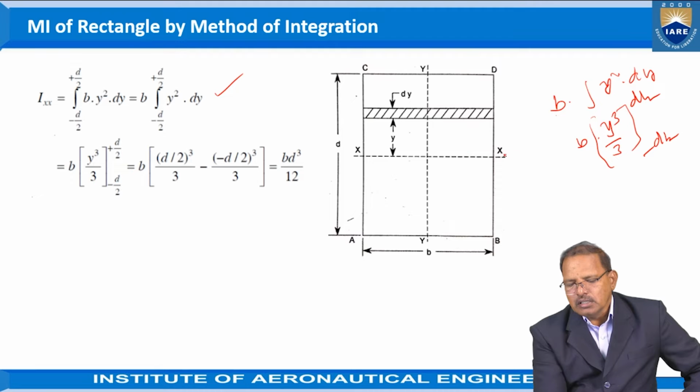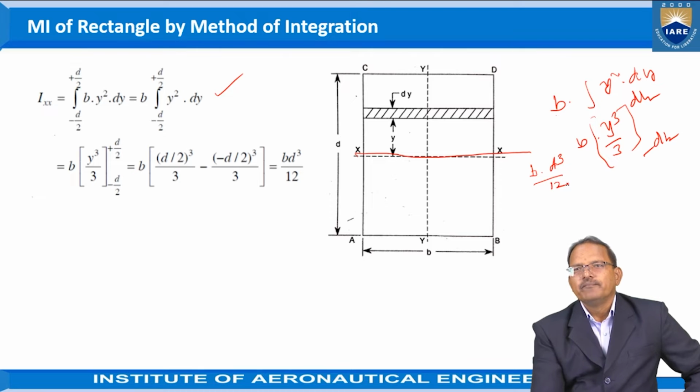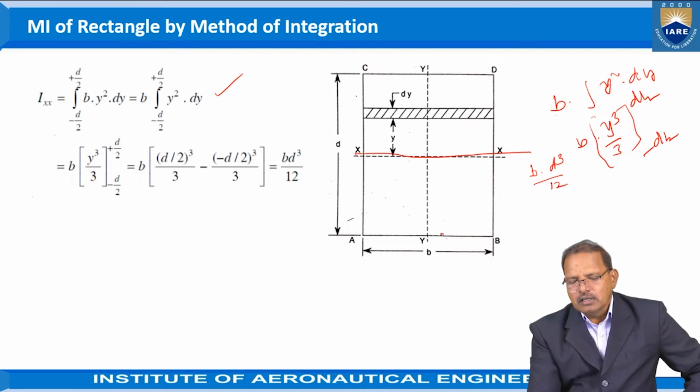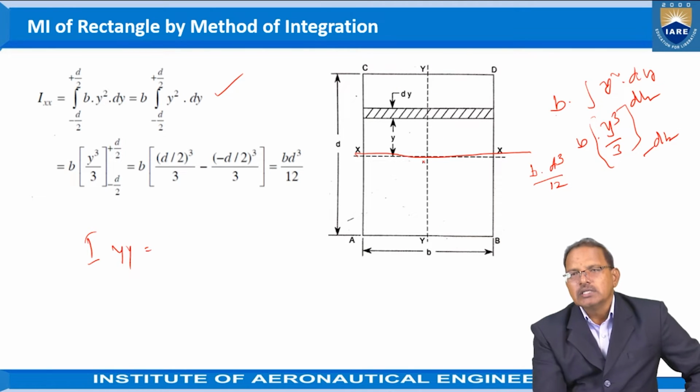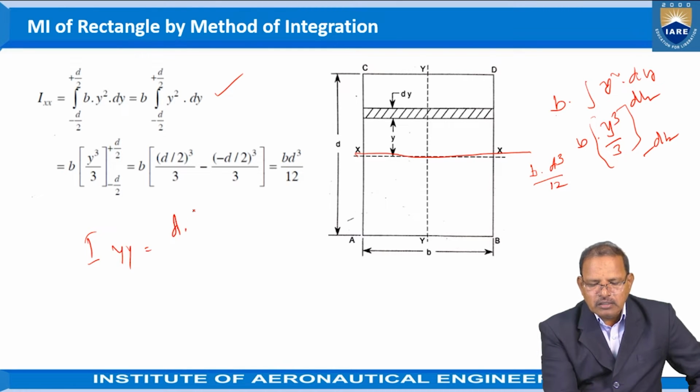Similarly, to determine the moment of inertia of the rectangular plate about the y-axis, Iyy, we take the breadth in place of the depth, so it is d into b cube by 12.